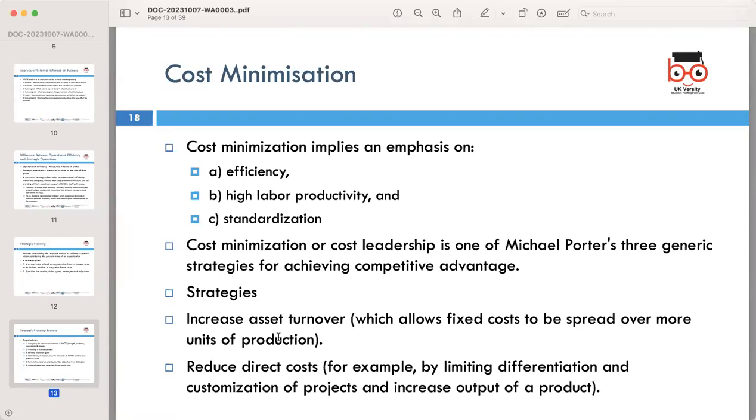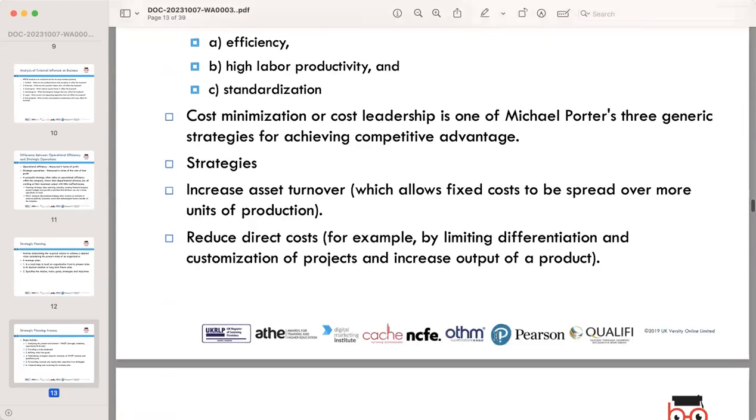Strategies increase asset turnover while allowing fixed cost to be spread over more units of production, and reduce direct cost, for example, by limiting differentiation and customization of products, and increasing output of product.